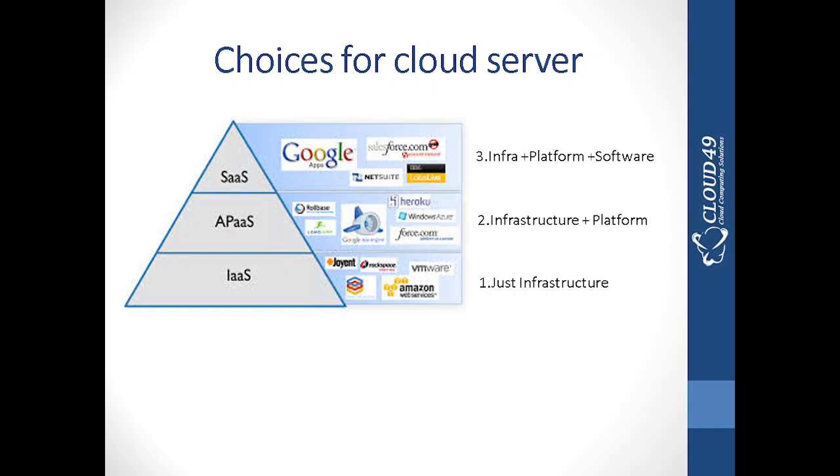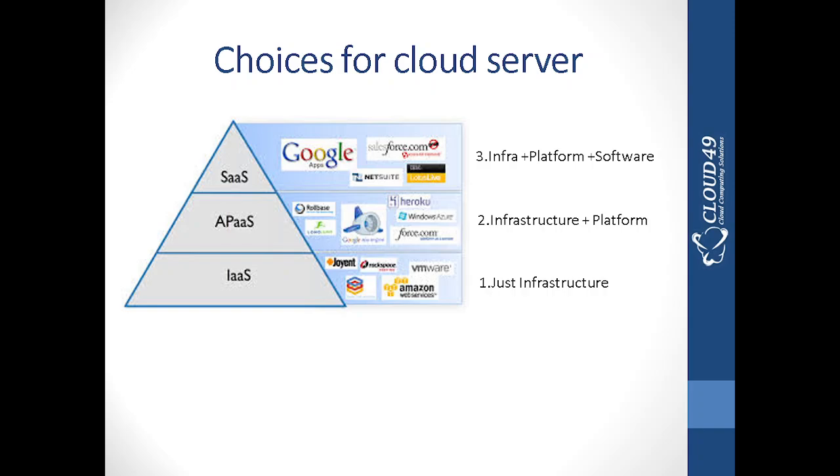Then next is SaaS, software as a service. In this the cloud service provider will give you infrastructure according to your requirement, platform according to your requirement, and software according to your requirement. For example, you need an i3 machine, this is the infrastructure. You need a Windows 2016 operating system, this is the platform.